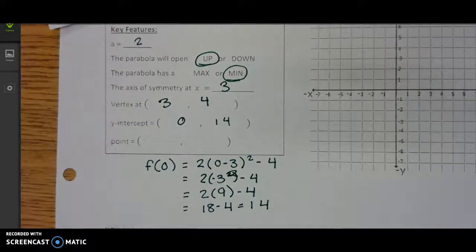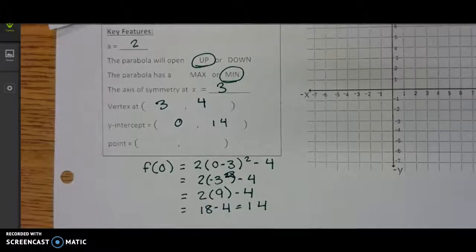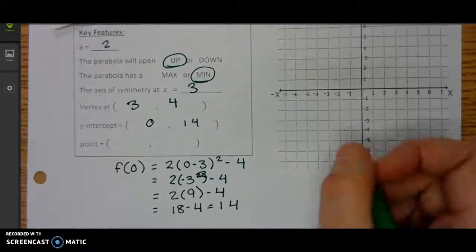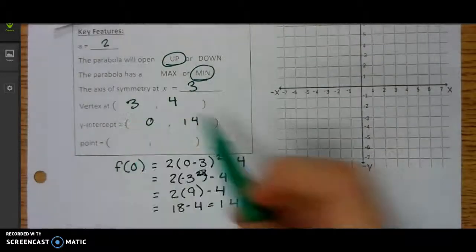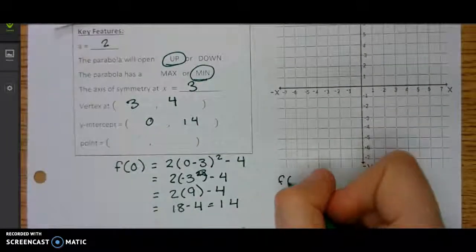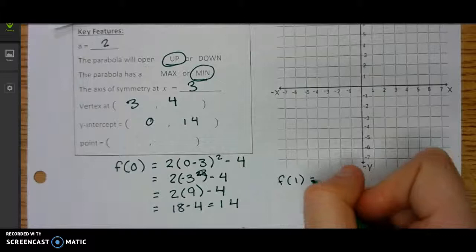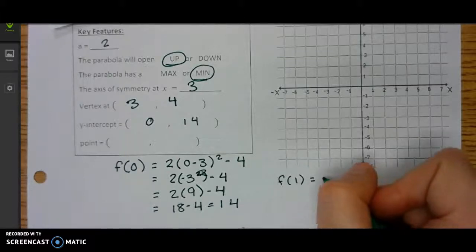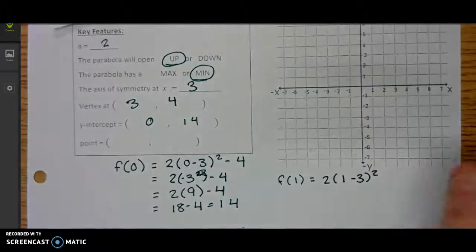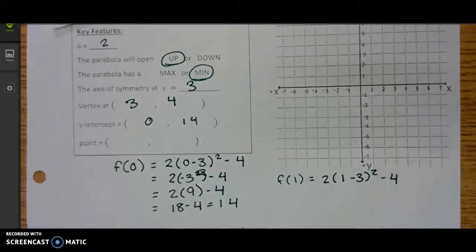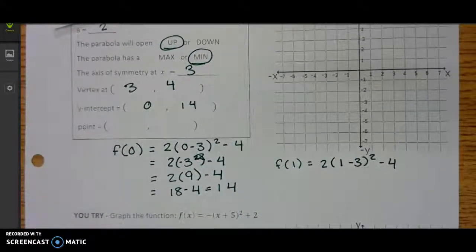And we're just going to find any random point on here. So why don't we do this? We'll just pick a point. 1 sounds nice, right? It's not the vertex, so let's pick a random point. F of 1 is equal to 2 times 1 minus 3 squared minus 4. So I wrote 1 here, so I changed x to 1, right?